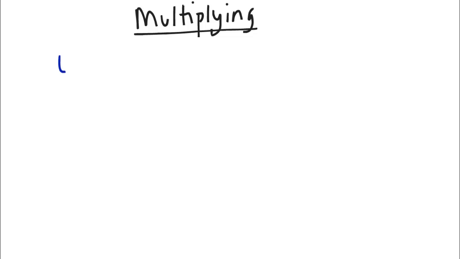One more operation to talk about today, and that is multiplying. Before we go through multiplying two complex numbers, let's talk about a special property of this i thing. I want to figure out, what is i squared? Well, I know that i squared is i times i.